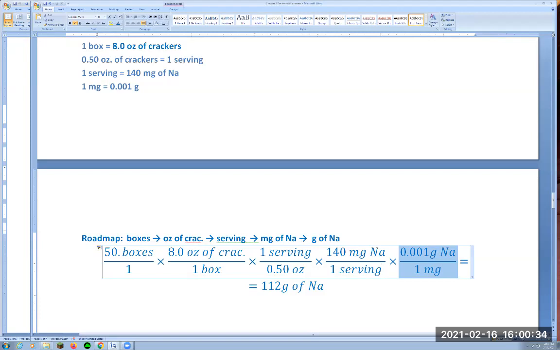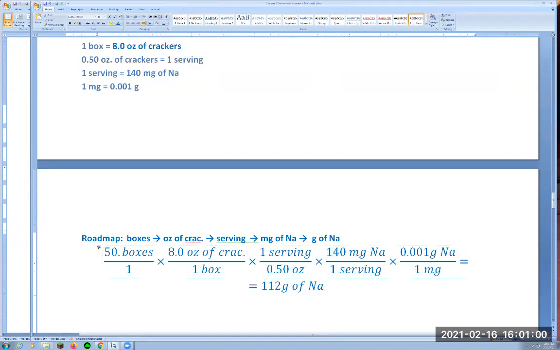That's by definition, and because of that, this is considered exact. So here, two sig figs in 0.50 ounces of crackers, because that's measured. And one serving has 140 milligrams of sodium, that's also measured. And here there is again two sig figs because the 0 is not significant. There is no decimal point to make it significant.